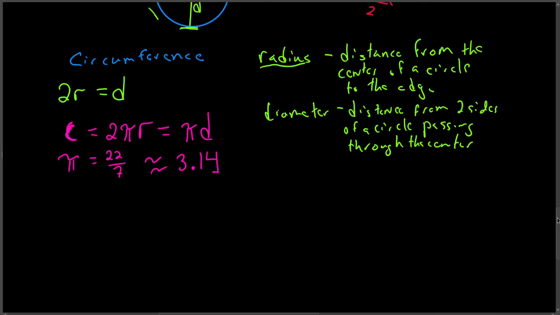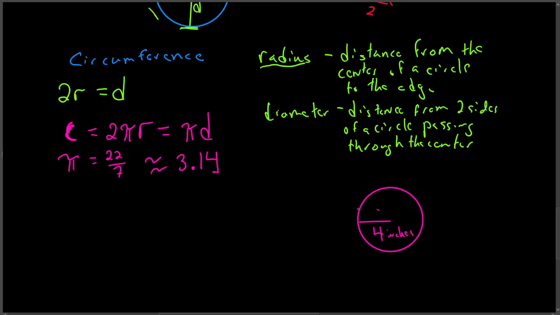So what we can do is look at a way of calculating the circumference, or how much material we need on a circle. So let's say I have a circle, and I know that its radius is 4 inches. So I have a 4-inch radius.